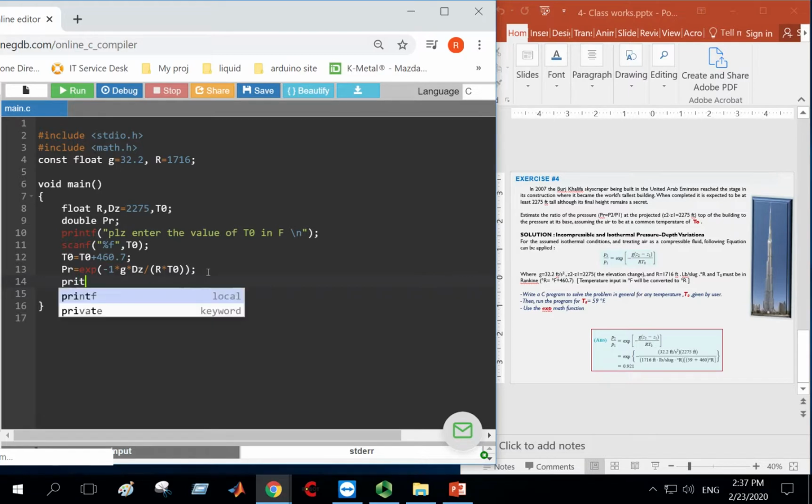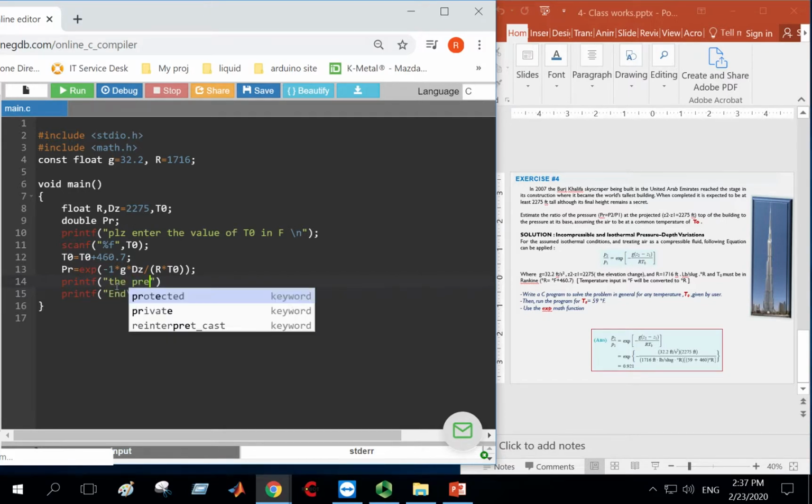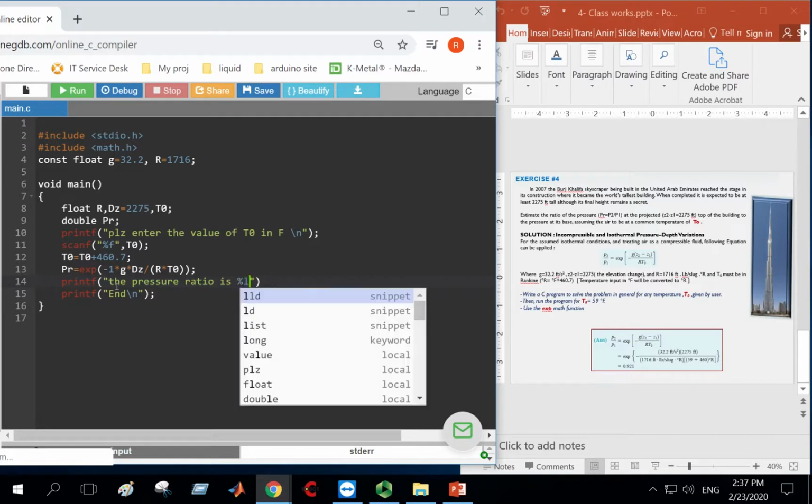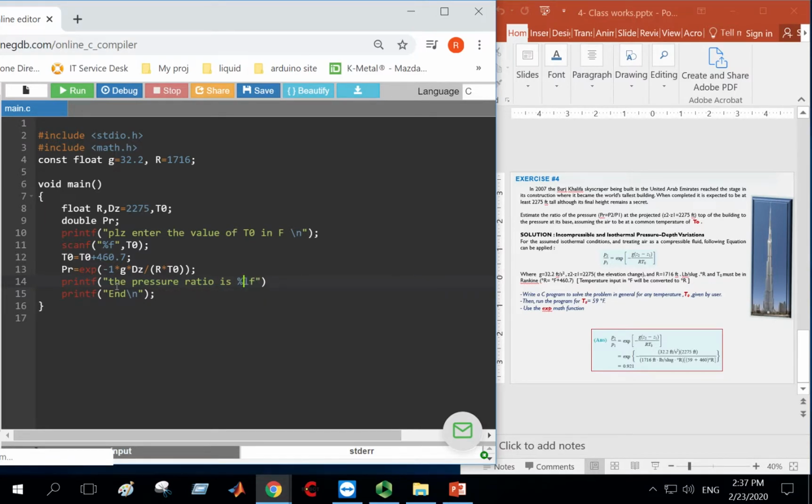Then print the message with the value. We can print: the pressure ratio is, and reserve space for a double with, say, 2 decimal places only.